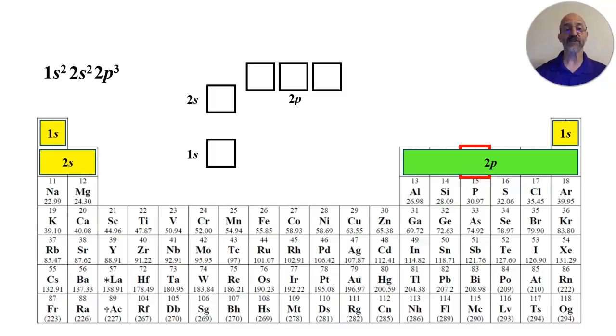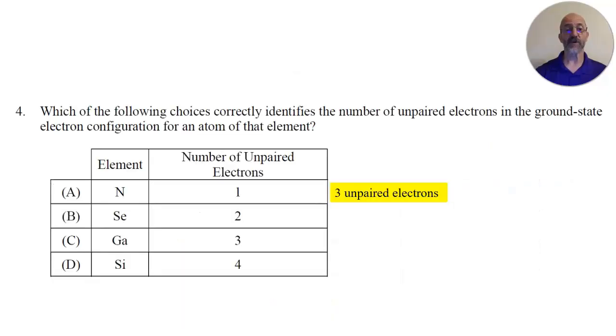We represent electrons as arrows, and if we follow the rules, this is what the electron energy level diagram would look like. So as you can see, there are 3 unpaired electrons for nitrogen. Now, going back to question 4, we can realize that it said 1 unpaired electron. That's why we can eliminate choice A.